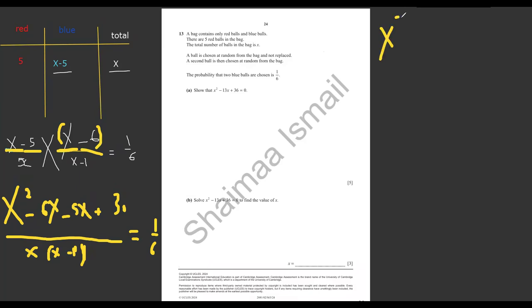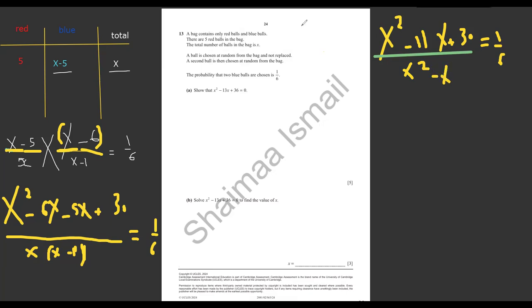So here X squared minus 11X plus 30, okay, equals 1 out of 6, dividing by X minus 1. Let's make it multiply X squared minus X.